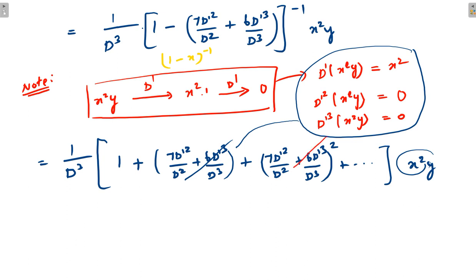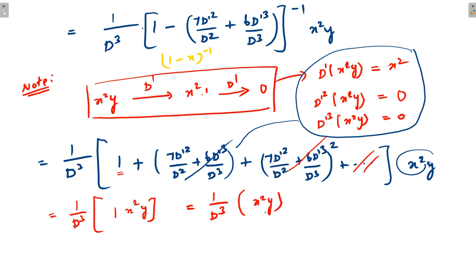So you can cancel all the remaining terms. So only include one term: 1 by D cubed into x squared y you make it finally. So that means 1 by D cubed of x squared y.